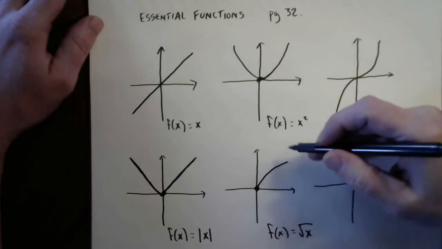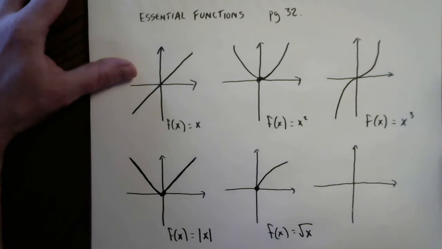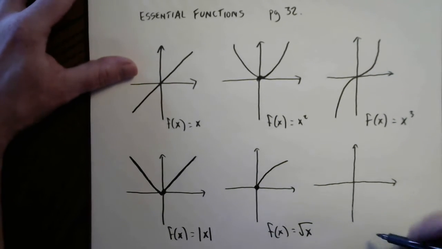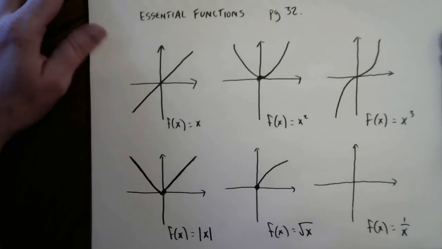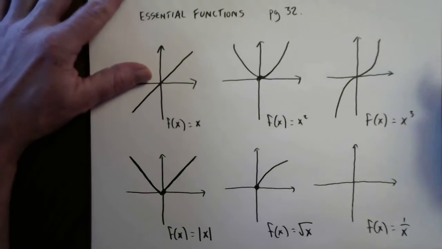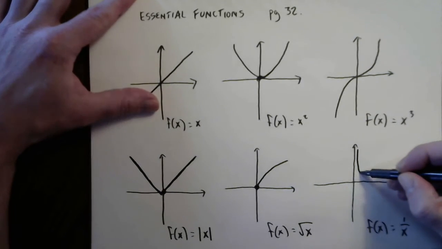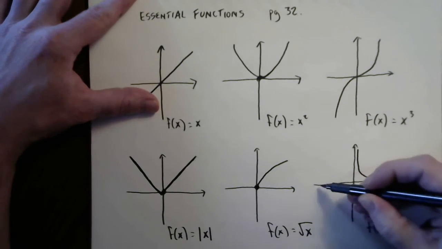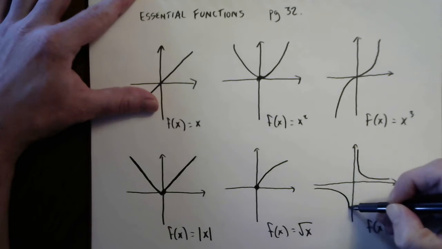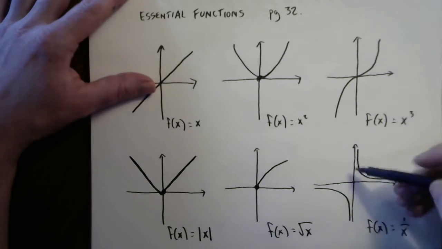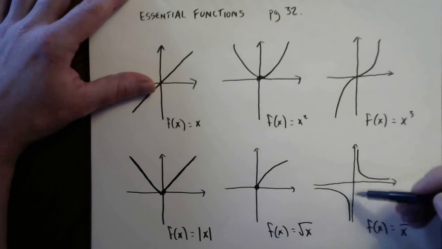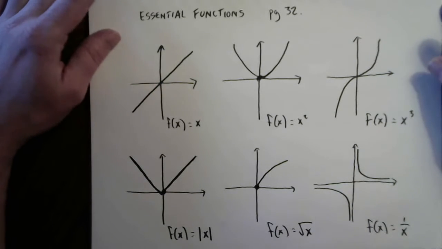It just keeps going up, even though it kind of looks like it levels off. And then last for this page, 1 over x, sometimes referred to as the reciprocal function. Of course, you cannot put 0 in here, so this axis at x equals 0 is what we'll call a vertical asymptote later.